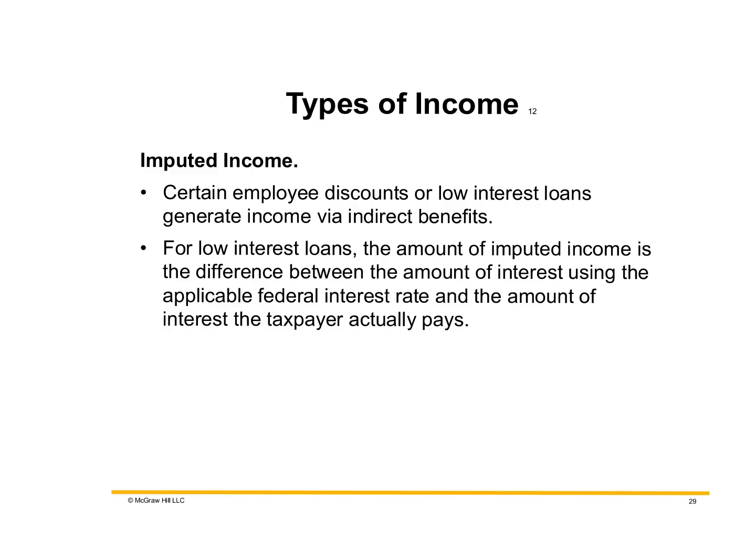For low interest rate loans, which is the example we'll work in a couple of slides, the amount of imputed income is the difference between the amount of interest using the applicable federal interest rate and the amount of interest the taxpayer actually pays.